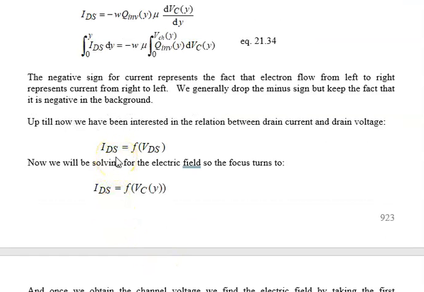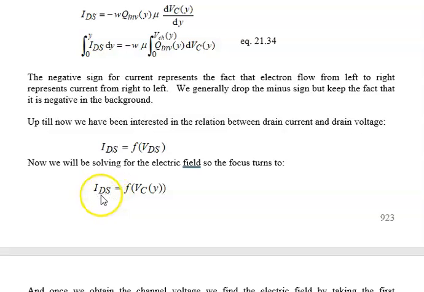Basically, these two relationships are saying explicitly what we were saying before, that previously we were finding the output current, output voltage relationship, namely the IV relationship. So we wanted the output current as a function of the source to drain voltage.